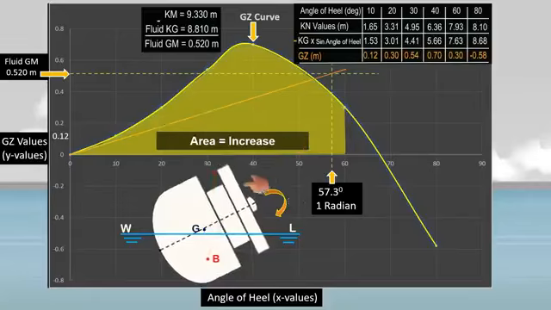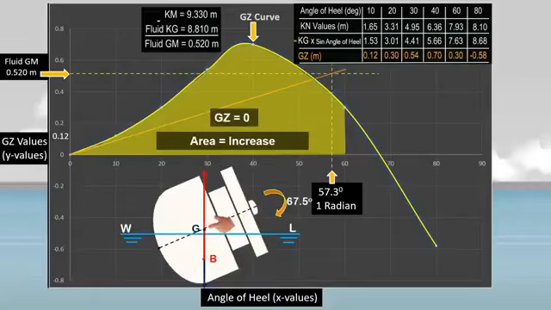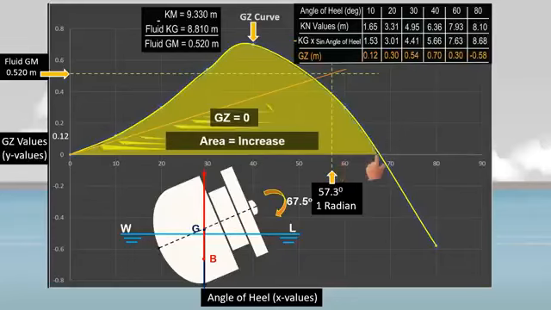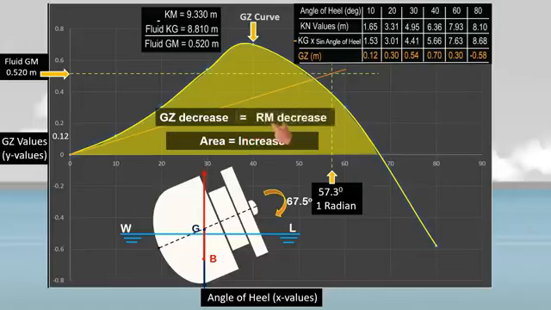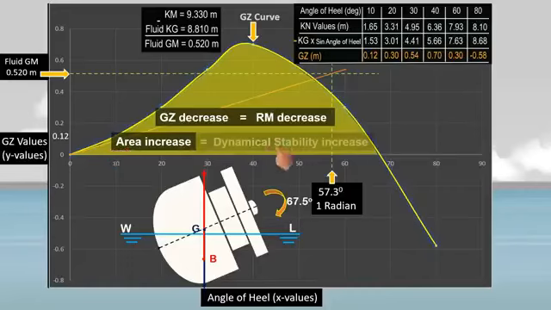As the ship continues to heel at an angle of 67.5 degrees, she gets zero righting lever, and the area under the GZ curve still increases. Remember that if the righting lever decreases, the moment of statical stability also decreases. And if the area under the GZ curve increases, the dynamical stability also increases.